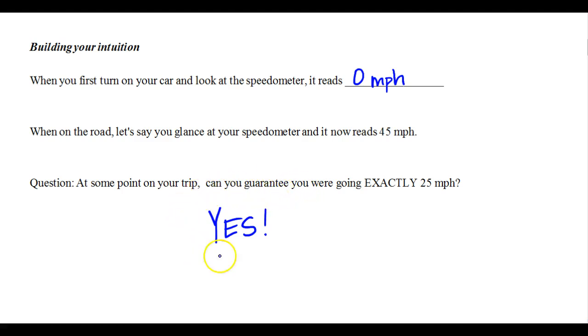So that is a very informal way of introducing the concept of the intermediate value theorem. There was no way that you could skip 25 miles per hour if at some point you reached 45 miles per hour. So let's try to formalize this idea and look at a corresponding graph.